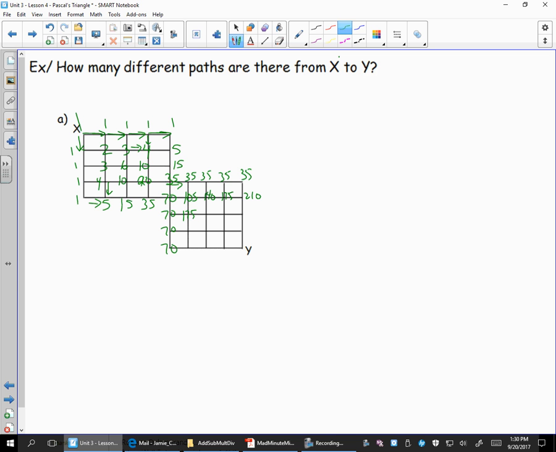The corner to corner. 315. Oh, it's getting harder to use a calculator now.